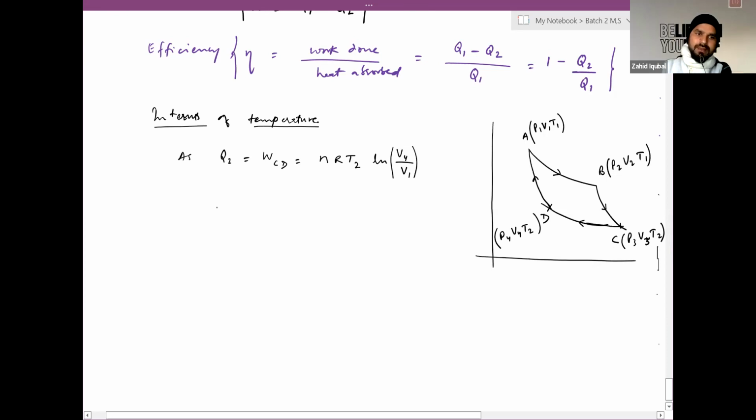Next, Q1 will be the work done along A to B, and it will be nRT1 ln V2 divided by V1.